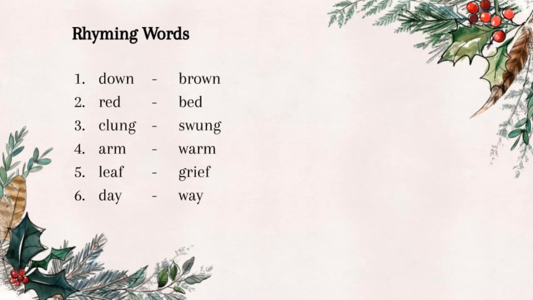Okay students, look here. Some rhyming words we have taken from this poem. Let us see what they are. The first one is down, brown. Both the words are different, but they have the same ending sounds. Let's move to the next one, red, bed.